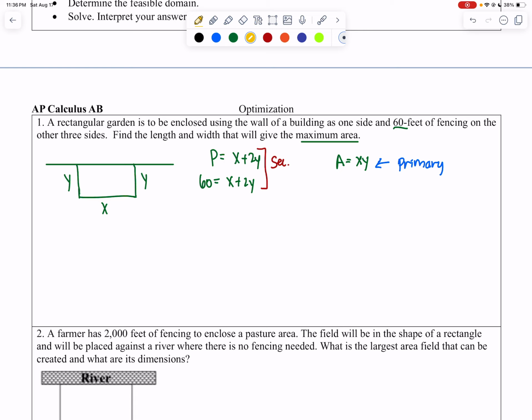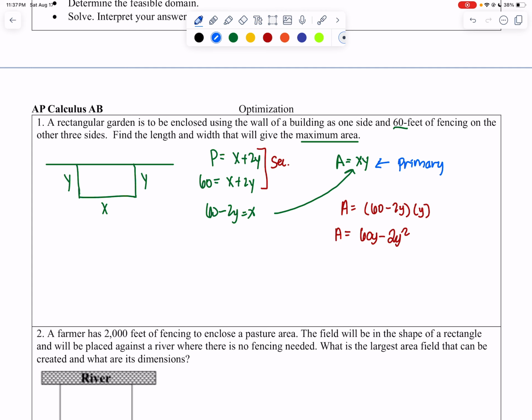All right, so doing that, I am going to once again solve for X. And then I'm going to substitute that into my X right here so that I have one independent variable. I'm going to go ahead and distribute the Y. And then at this point, the non-calculus way, we would have used axis of symmetry.